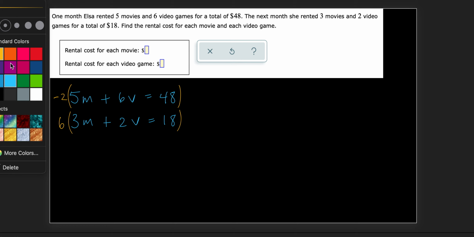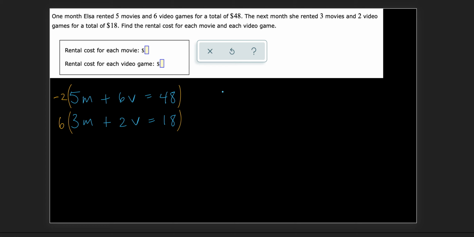Now I'm going to write over here what my new system of equations looks like. -2 times each term is -10m minus 12v equals, and -2 times 48 is -96. And then 6 times each one of these terms.